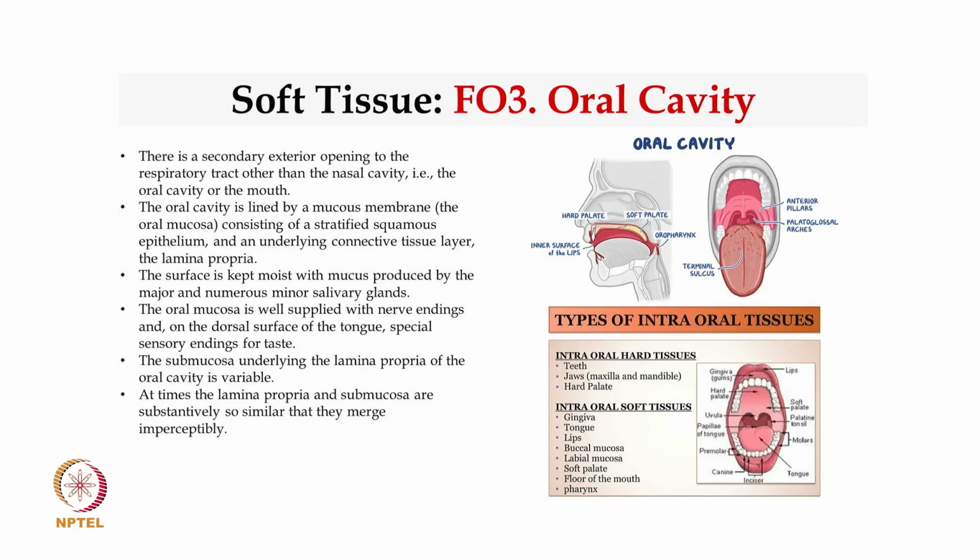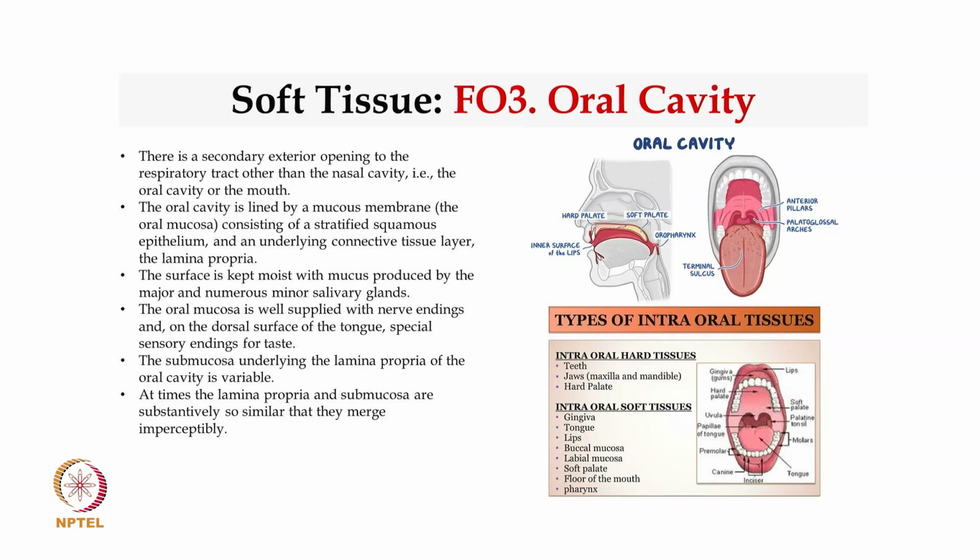The pronunciation may differ a little bit based on the kind of English accent you have. So the gingiva, tongue, lips, buccal mucosa, labial mucosa, soft palate, floor of the mouth, and the pharynx. These are all different sorts of soft tissues which are part of the oral tissues, right? And they all differ in properties.